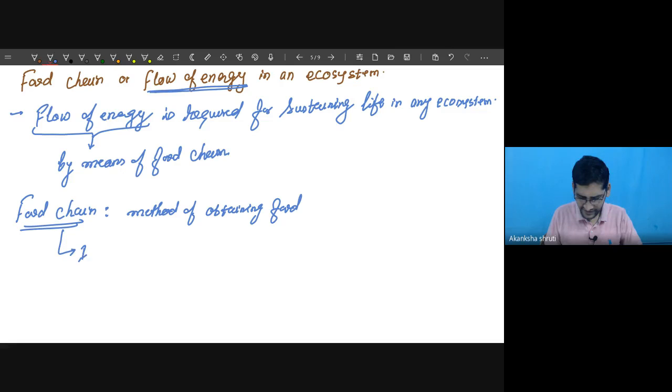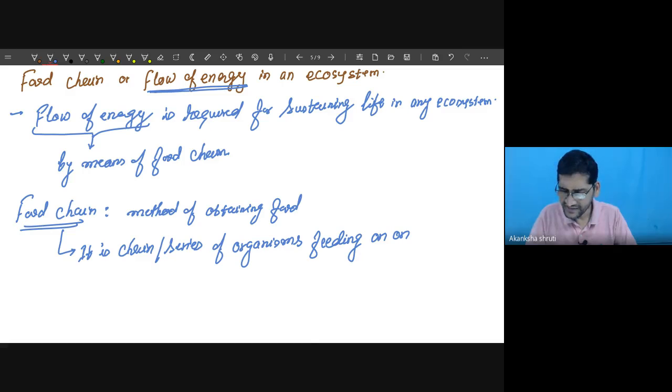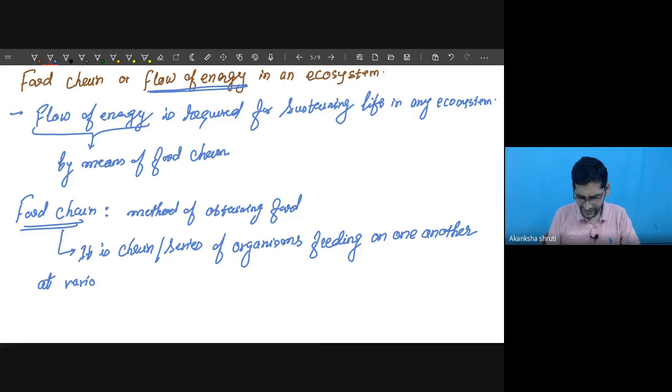So write the definition. It is a chain or series of organisms feeding on one another at various levels or biotic levels.